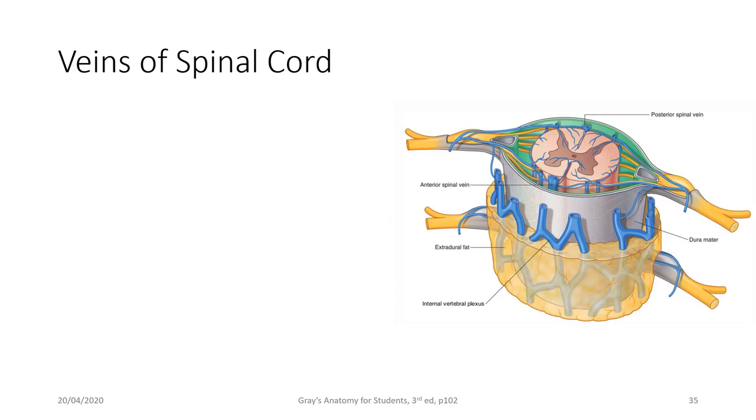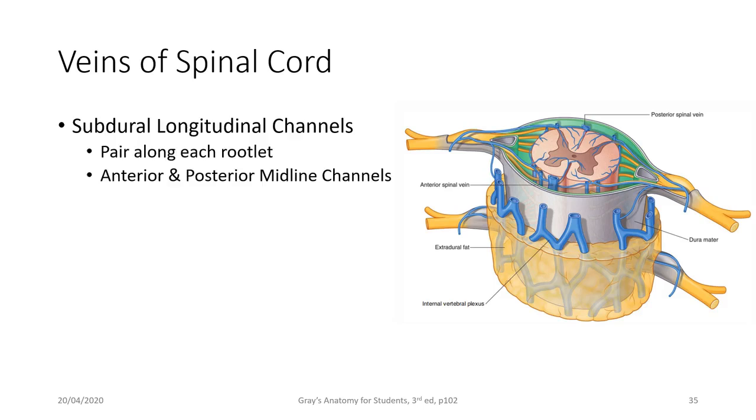So the venous drainage of the spinal cord is not that difficult. In the arteries there was one anterior and two posterior spinal arteries running parallel to the length of the spinal cord. Here there are a large number of veins running longitudinally, parallel to the spinal cord. You can see that, and this is the anterior root of spinal nerve.